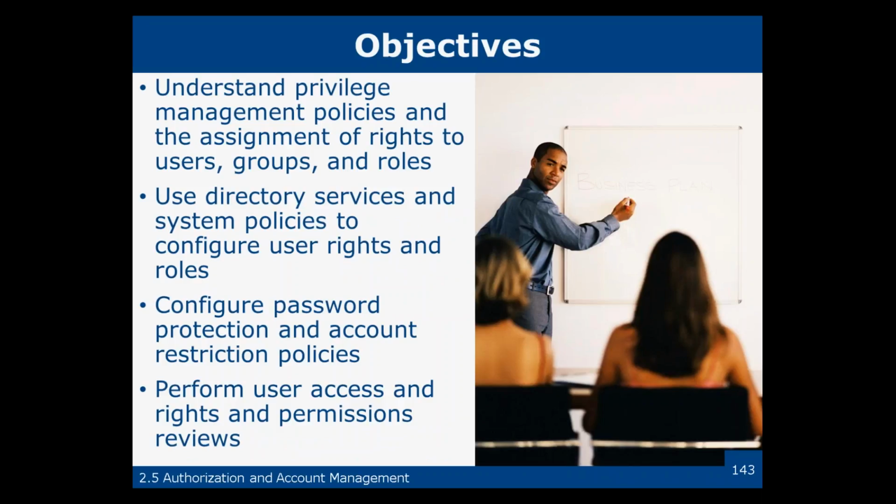Configure password protection and account restriction policies, and perform user access rights and permission reviews. Remember, in the AAA, we have authentication, which is where we prove who we are, authorization, which is where we get access to resources, and then accounting, the logs, where the things that we actually did are recorded.